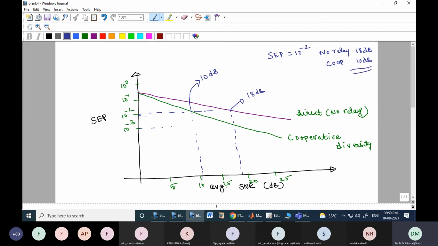You see, approximately we are able to save 8 dB of power. This is the advantage of the cooperation.